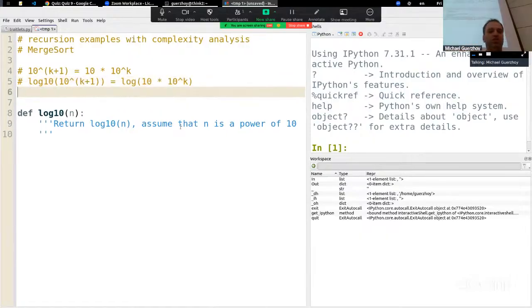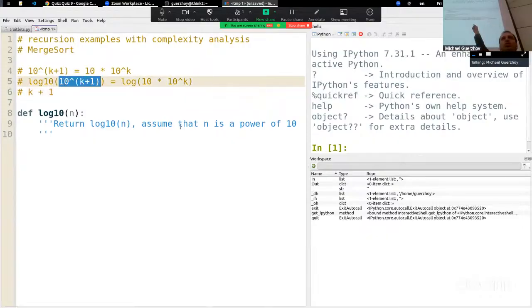So this is just k plus 1. Does that make sense? One way to think about it is that power is just the inverse operation for log. The other way of thinking about it is, in English, what power do I need to raise 10 to in order to get this number? Well, k plus 1 is the answer.